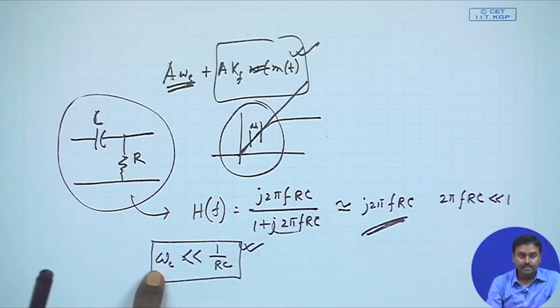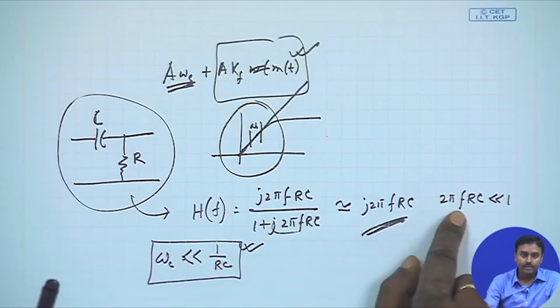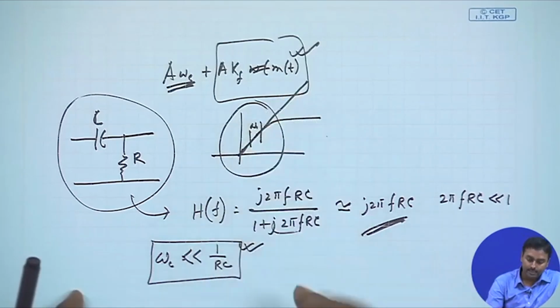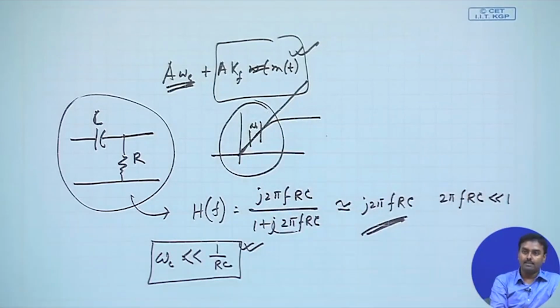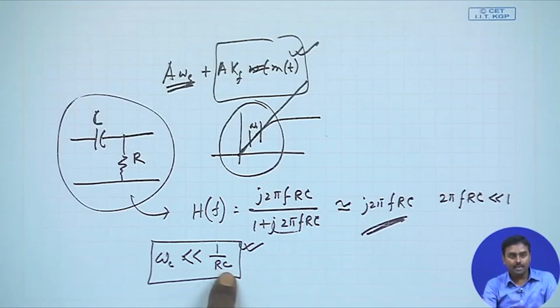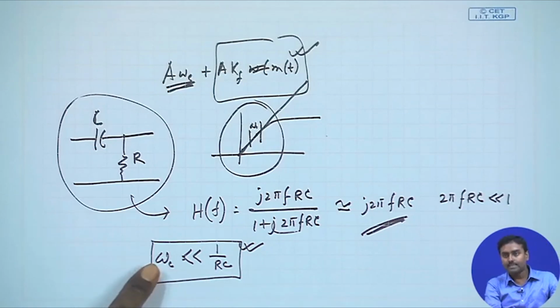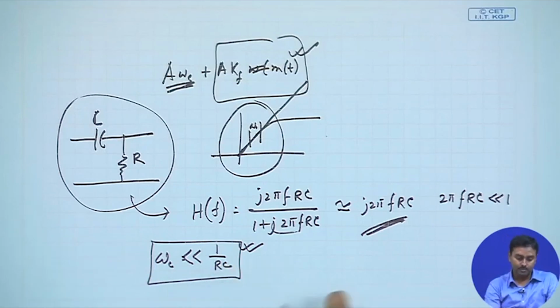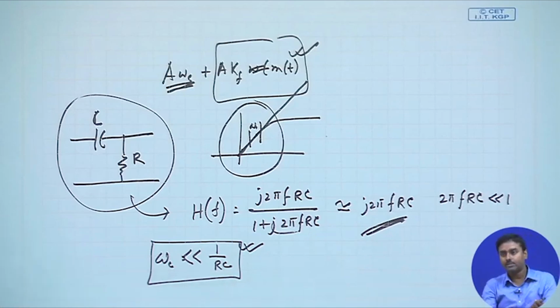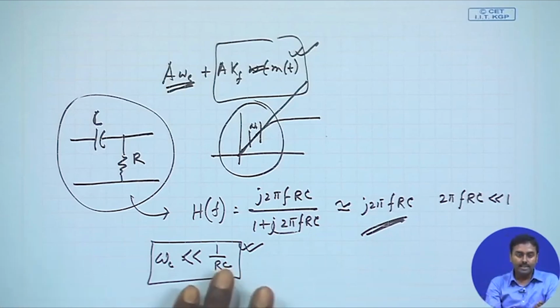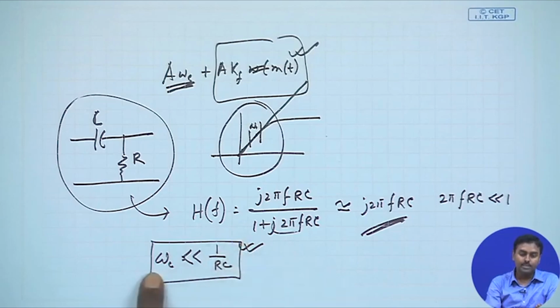If I choose it accordingly, then omega c will fall in this region where it looks like an ideal differentiator. So, all I have to do is choose an RC corresponding to my omega c that has been put over there. Maybe I can fix C and then find out what R should be, so as to get an RC value for which 1 by RC is much bigger than omega c. Then I know that around that omega c it remains linear.